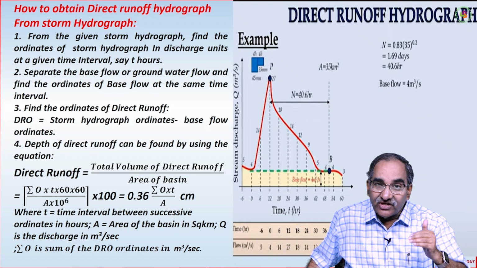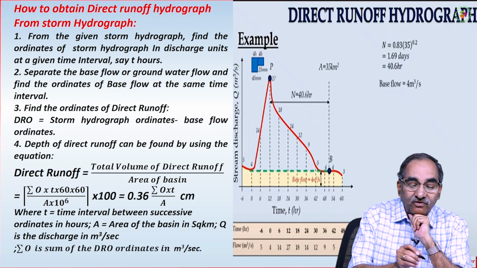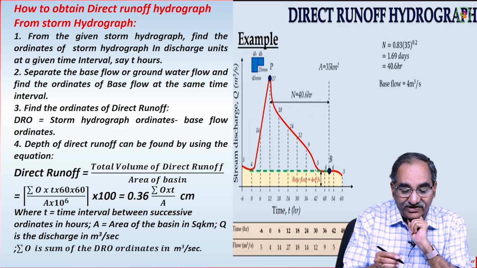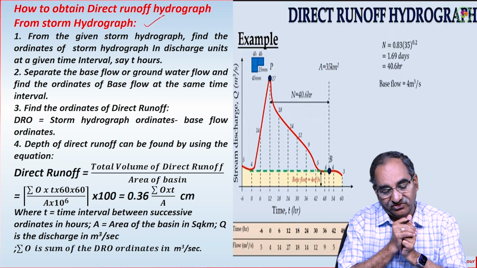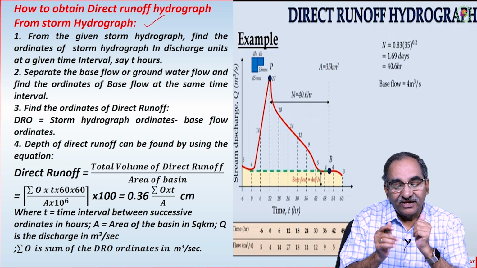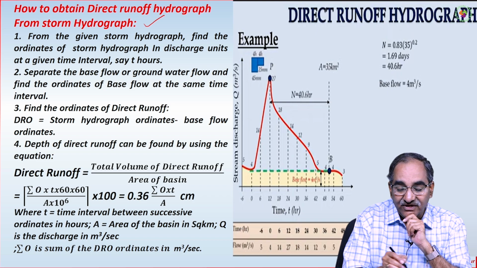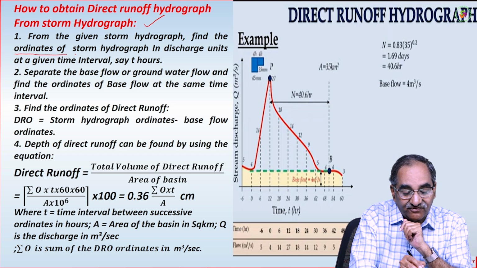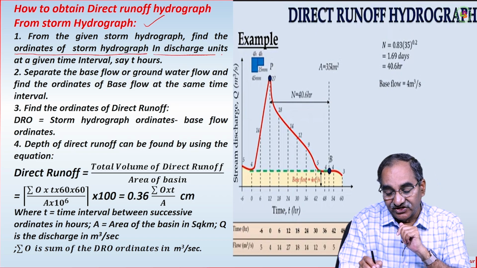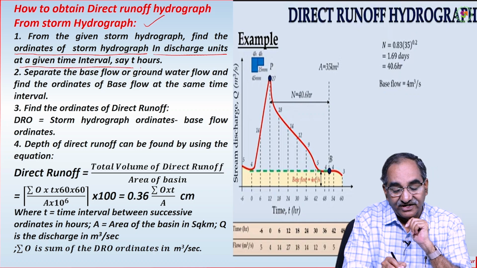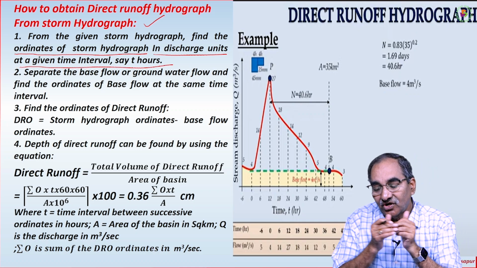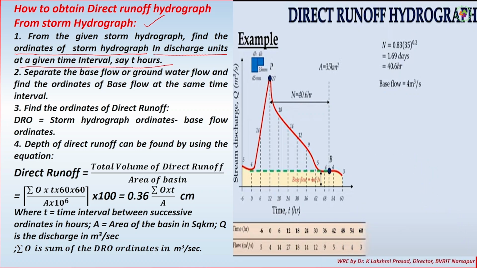Now the continuation part is how to obtain the direct runoff hydrograph from the storm hydrograph. From the given storm hydrograph, find the ordinates of the storm hydrograph in discharge units at a given interval of time. Normally they will give you like this.